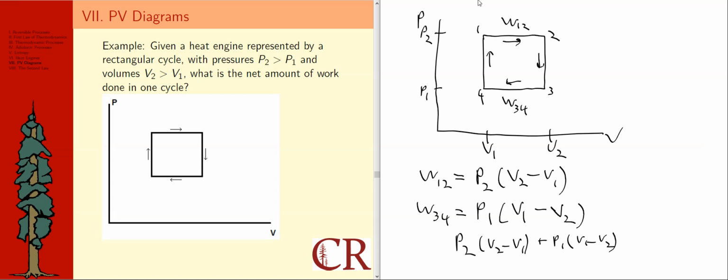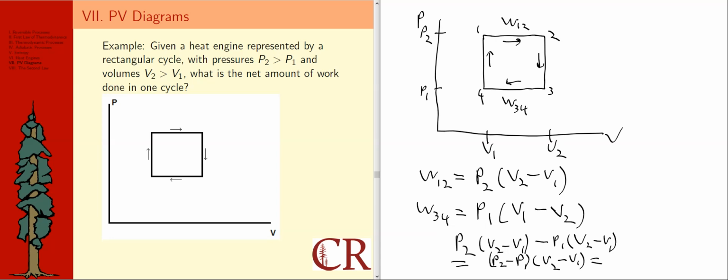If we make this a V2 minus V1, that's the opposite of what I have here. That's okay as long as I make this a minus sign, because I said I was adding these. That's a little algebra trick. And that means I've really got P2 minus P1 multiplied by V2 minus V1 when I simplify that.